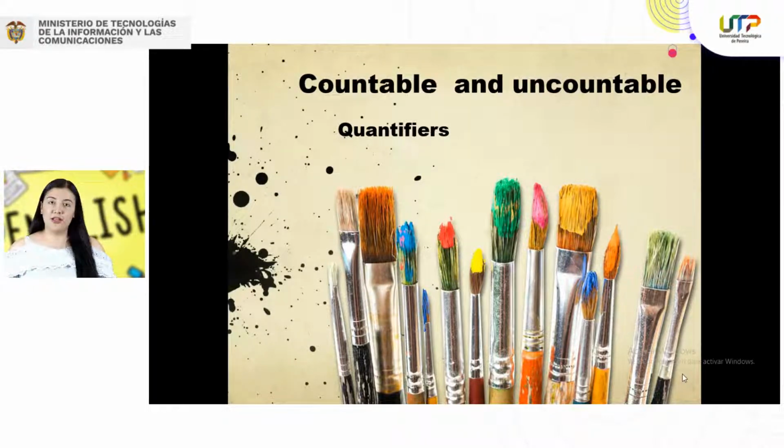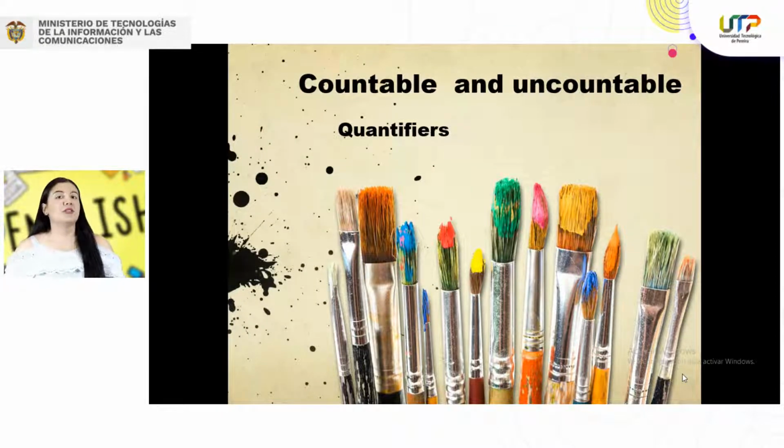Recuerden que es importante que mientras van escuchando también estén atentos a las imágenes, ¿sí? Para que el cerebro haga esas asociaciones más rápidamente y puedan memorizar este vocabulario. Así que, let's start. Countable and uncountable nouns. First, we need to have in mind something very important, and it is the difference between countable and uncountable nouns.